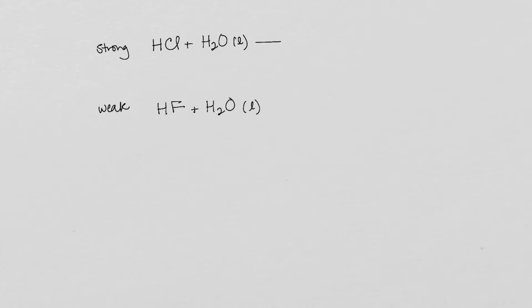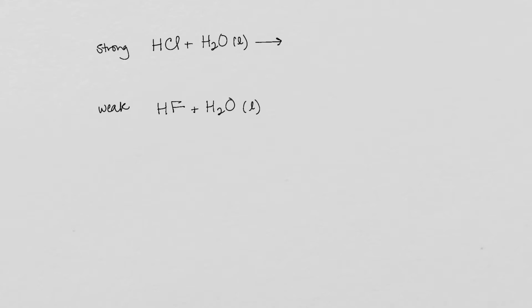So let's think about our two acids here. We have hydrochloric acid, which is strong, and hydrofluoric acid, which is a weak acid. Both of these can interact with water and produce hydronium ions.